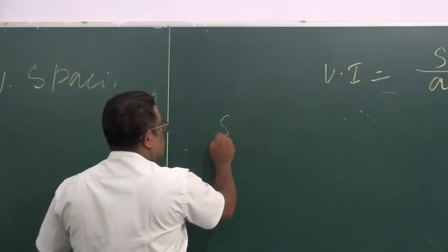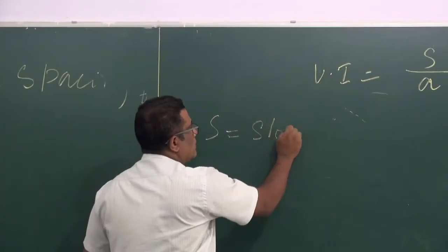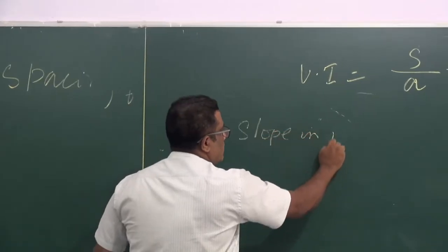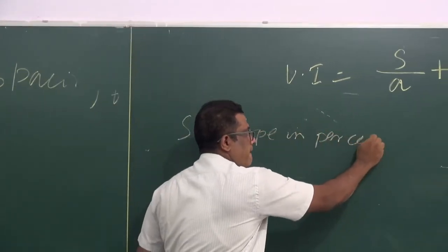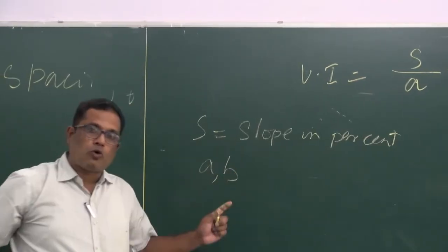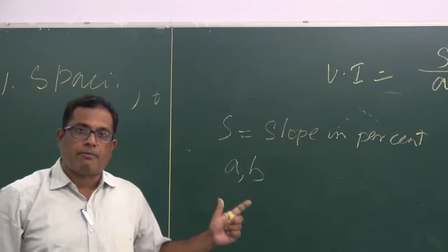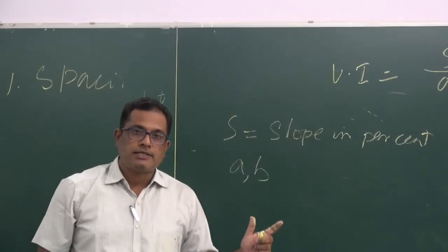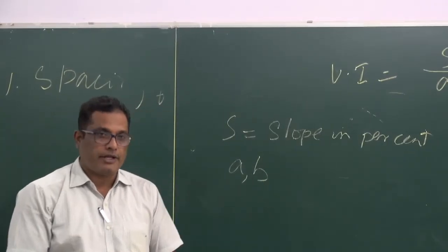where S is slope in percent. A and B are two constants depending upon the rainfall as well as the soil condition of the area.